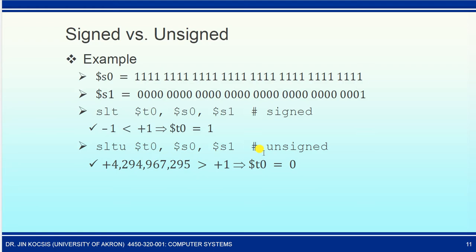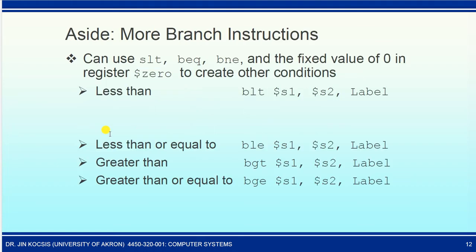And that is demonstrated here. Therefore, you can see the destination operand T0 will be a different value, once 1, once 0, based on the difference of the operation, whether it is set on less than or set on less than unsigned. Again, this is just an example to emphasize how important the operation is.